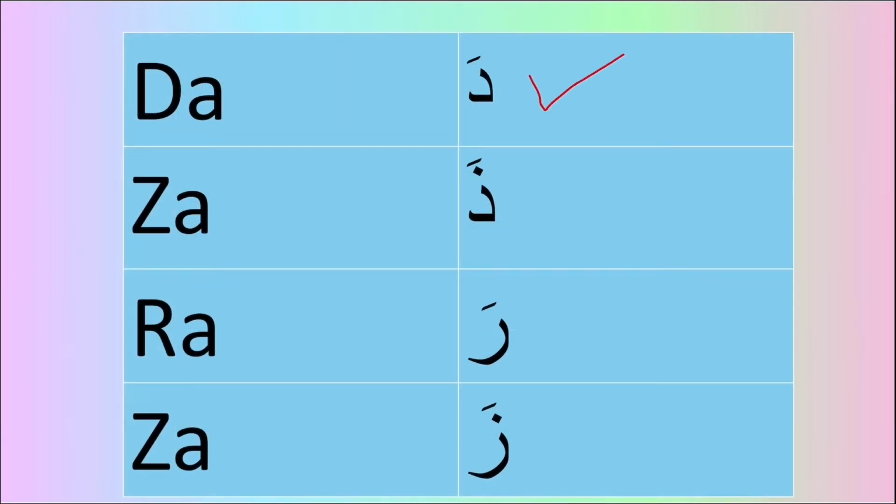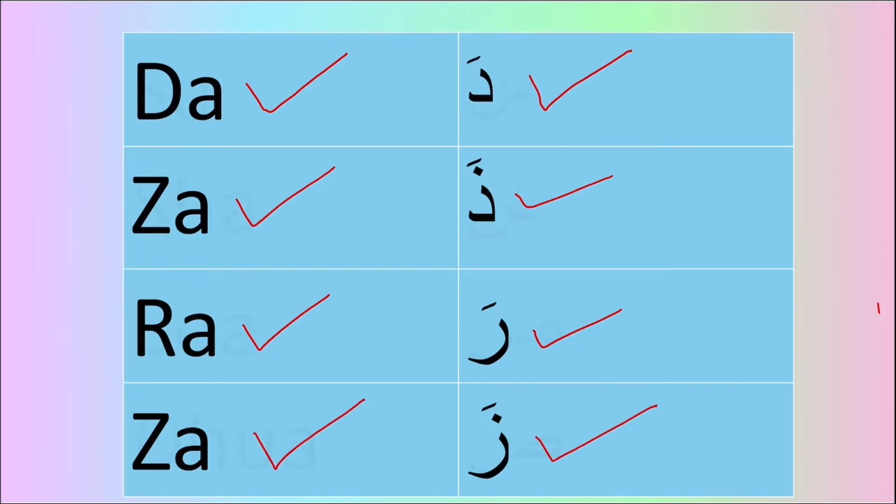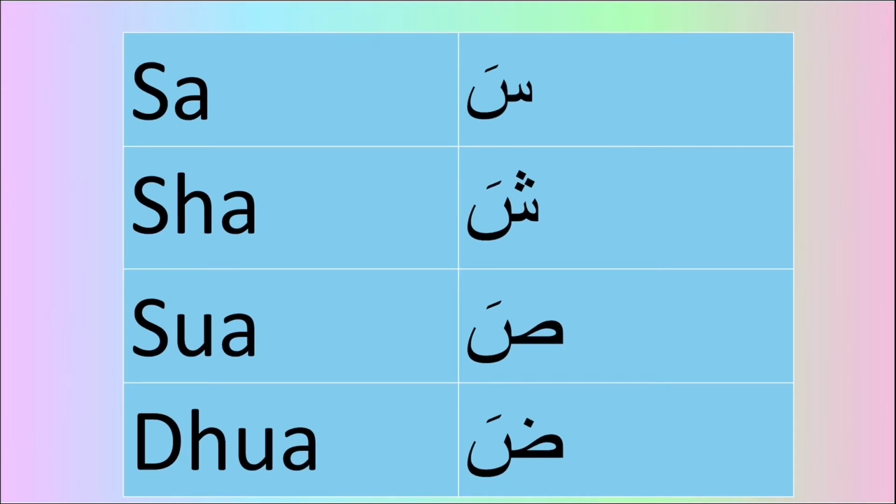Let's see the next one. Dal. If I add fatha to dal, it changes to da. Zal fatha za. Ra fatha ra. Za fatha za. If I add fatha to seen, it becomes sa.